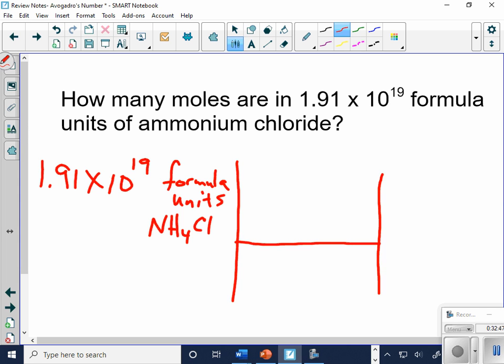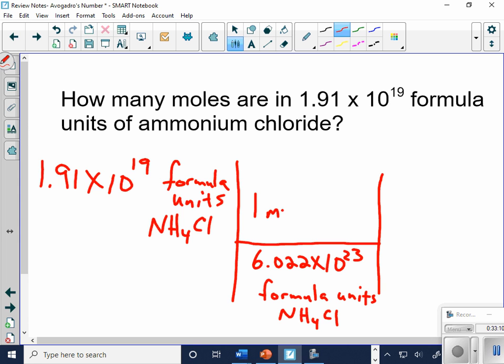So here we go. I have my conversion box, and I know that I want formula units of ammonium chloride to cancel. Well, I know that I have Avogadro's number of formula units. That is equal to 1 mole of ammonium chloride. I get my formula units at top, formula units at bottom to cancel.